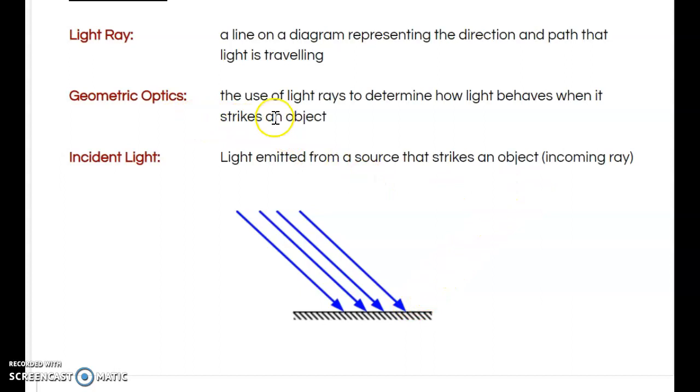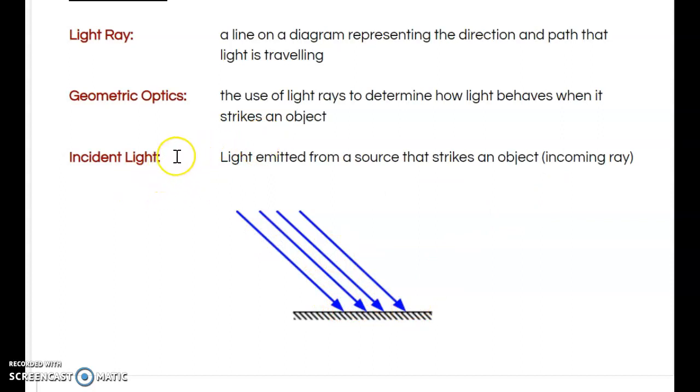We can guess that this light will bounce off, coming off this way, because of this angle here, and we can determine that using geometric optics.